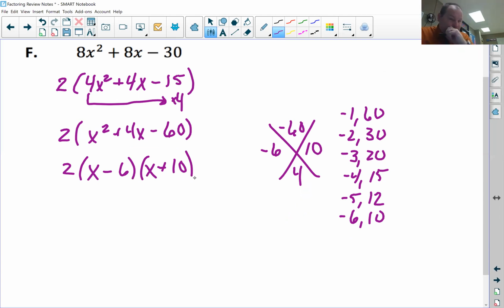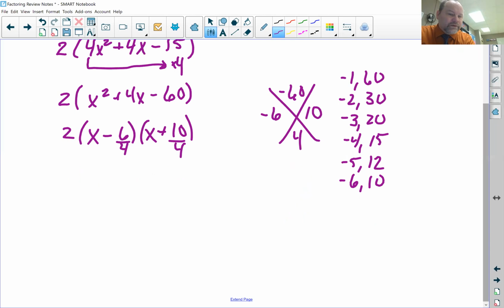To get those, I multiplied by 4. So now I'm going to divide by 4. In this first pair, that fraction reduces. There's a common factor of 2. Same thing with this second pair.